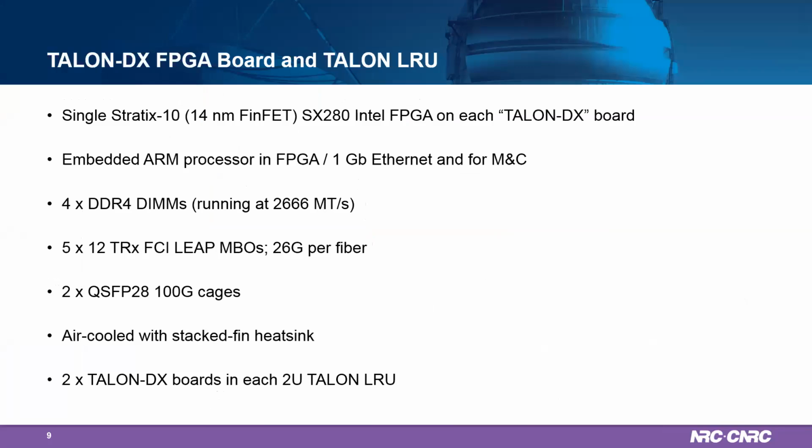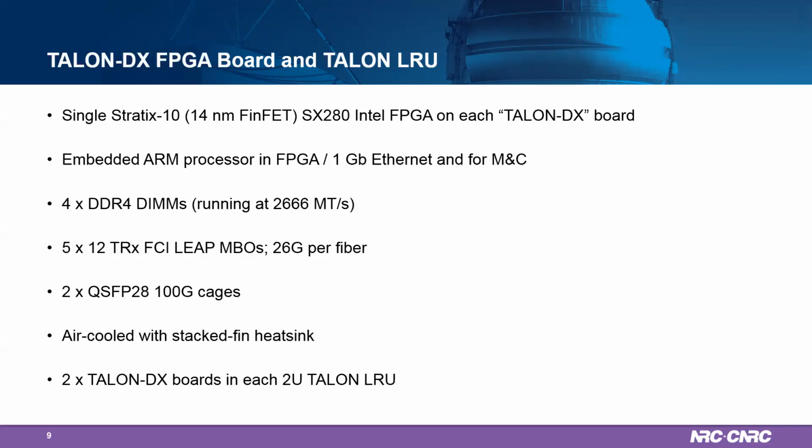So the reference design is based on the technology we've developed for the SKA1 correlator. This is the Talon DX FPGA board, which has a Stratix 10 SX280 FPGA on it, and that includes an embedded ARM processor on the FPGA for monitoring and control. It's got 4 DDR4 DIMMs and a whole bunch of optical I/O: 5 12-channel bidirectional FCI LEAP midboard optical modules.